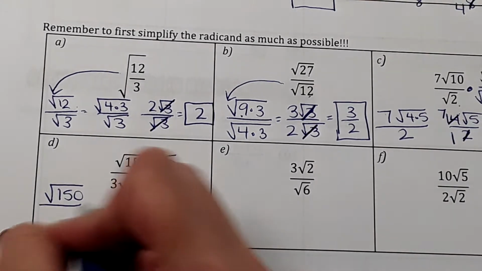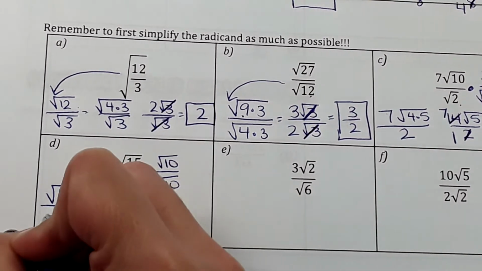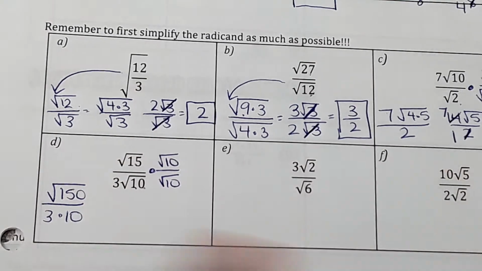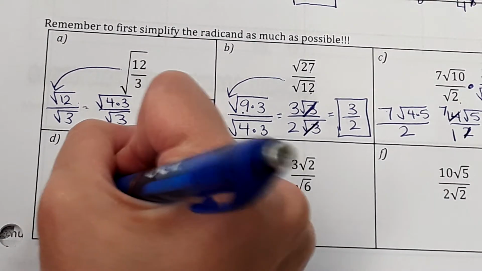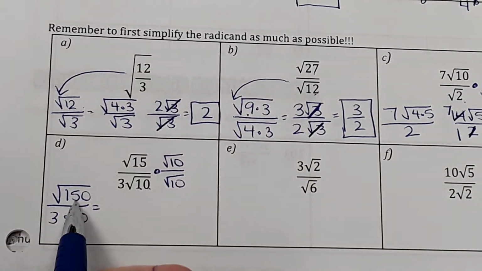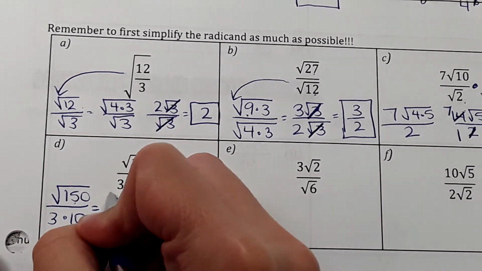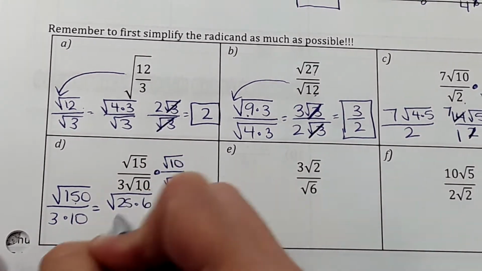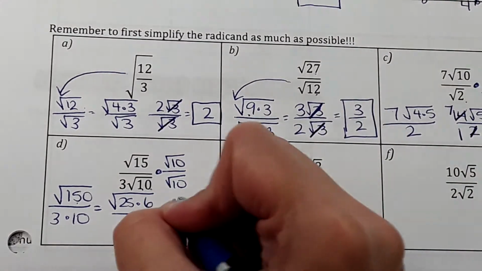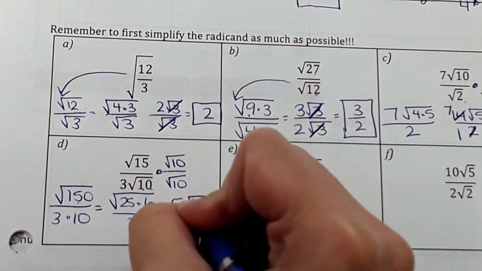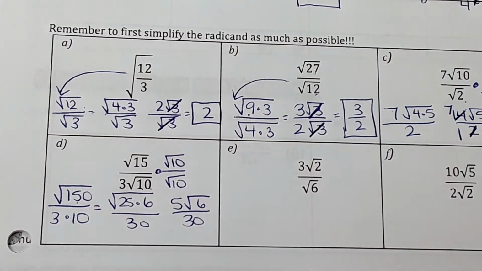And then here, square root of 10 times square root of 10 is 10, so it would be 3 times 10. 150, I'm going to try to simplify that. I'll take out the factors 25 and 6. Square root of 25 is 5, so I'm left with 5 square root of 6 over 30.